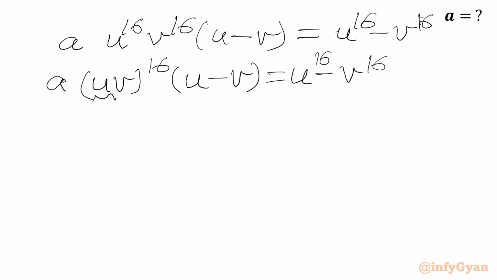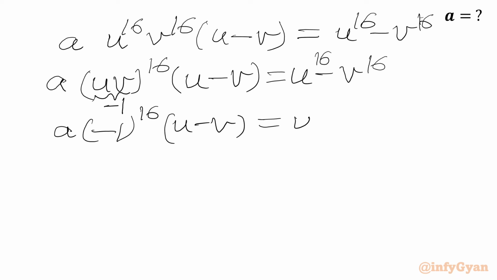Now u times v is minus 1. So we will write a times minus 1 whole power 16 times u minus v equal to u power 16 minus v power 16. So here this will be 1.